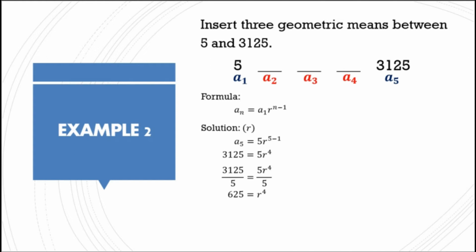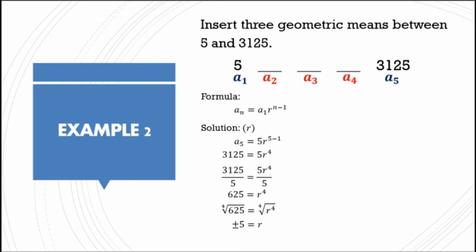To eliminate the exponent 4, we get the fourth root of both sides. The fourth root of 625 is equal to the fourth root of r raised to 4. The fourth root of 625 is equal to positive and negative 5. Then the fourth root of r raised to 4 is equal to r. Therefore, we have two values of r, which are positive and negative 5.